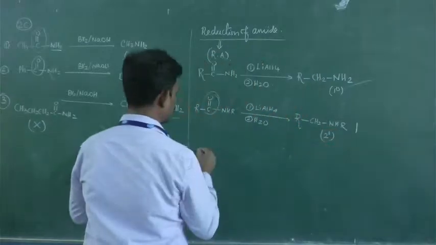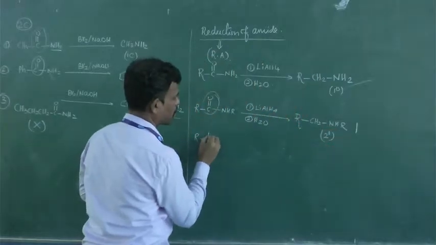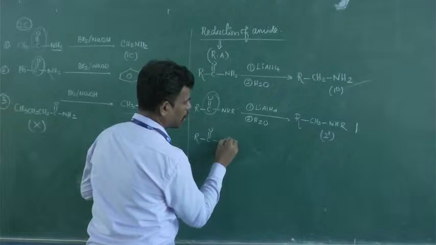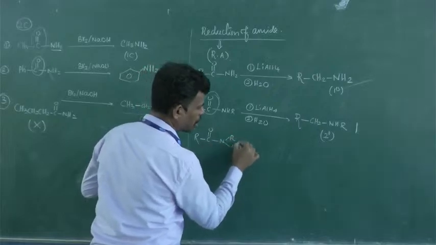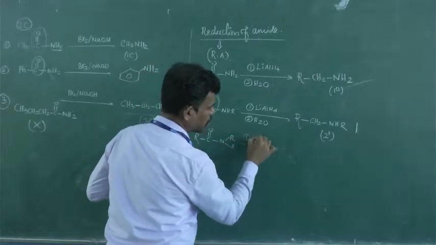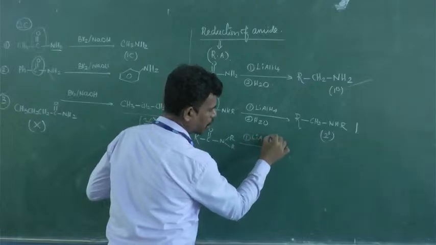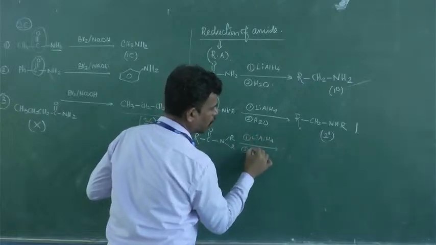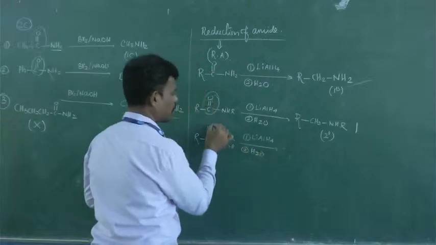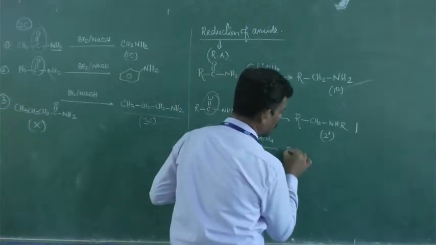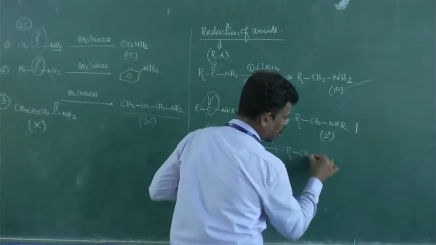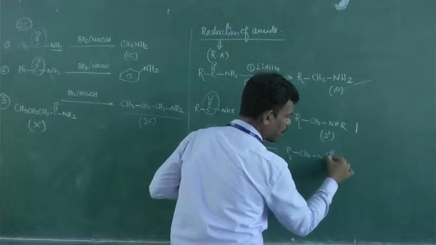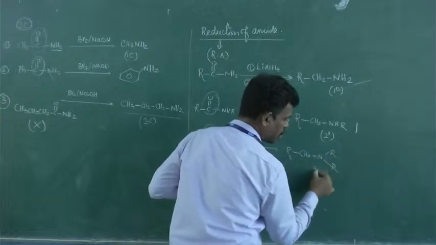Okay. Similarly, you can take the CO-N with R groups. You have to use lithium aluminum hydride. So it reduces this one to R-CH2-N-R.